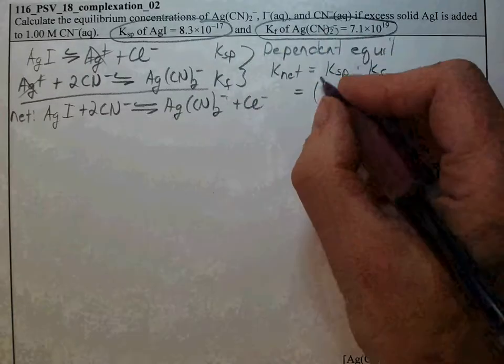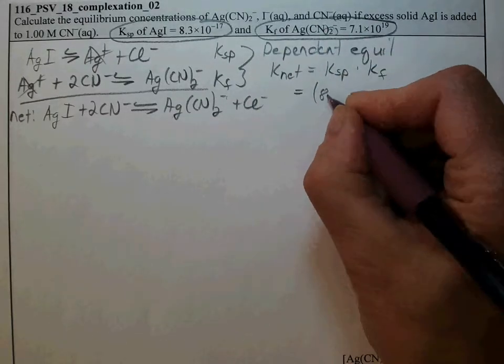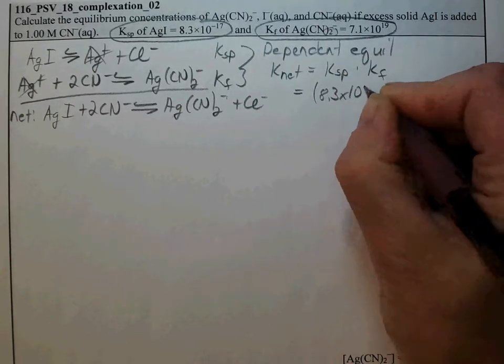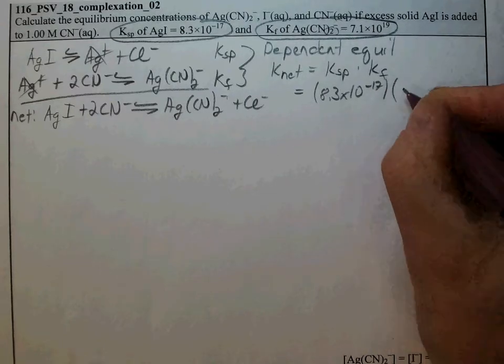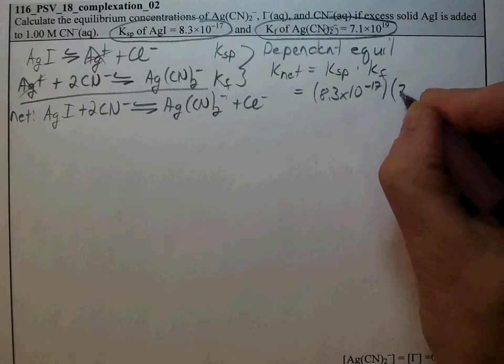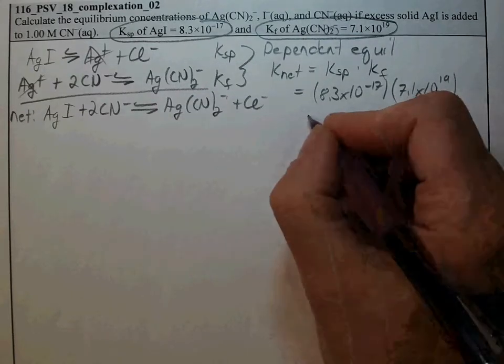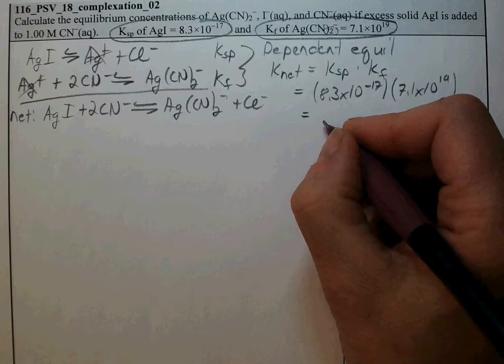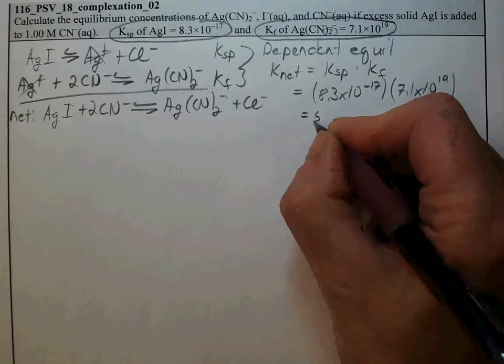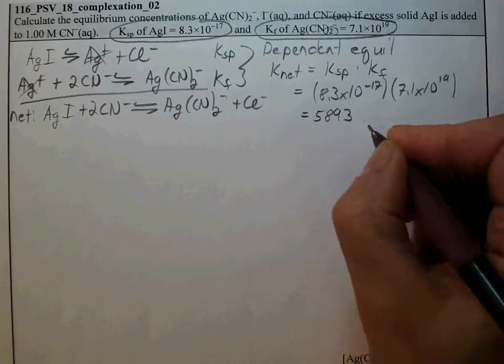Let's calculate that out since we have our values. And mathematically that will equal 5893.